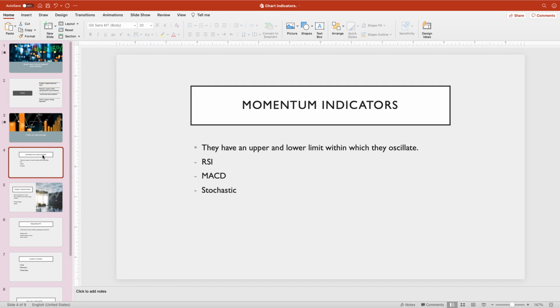So if you have a stock that is trending, and then you have the RSI, a value that is above 70 would be a strong uptrend, and a value that is between, let's say, 55 and 70 can look like something that is going into an uptrend. So these are oscillating indicators, for example the RSI, the MACD, and the stochastic indicators.